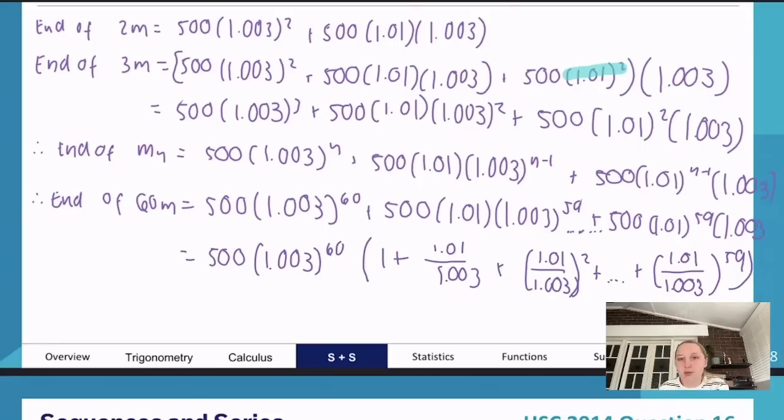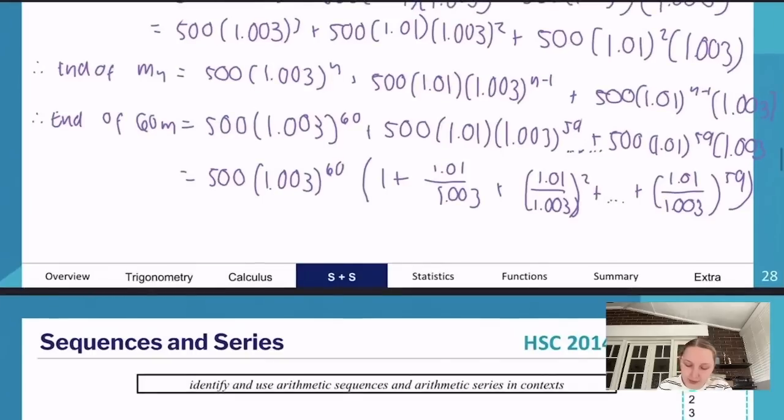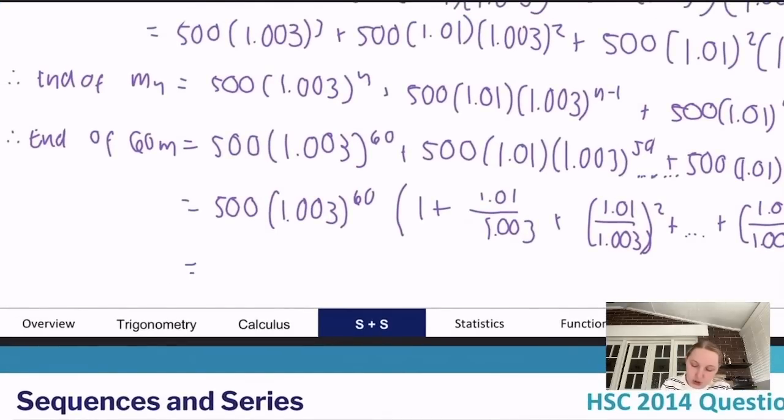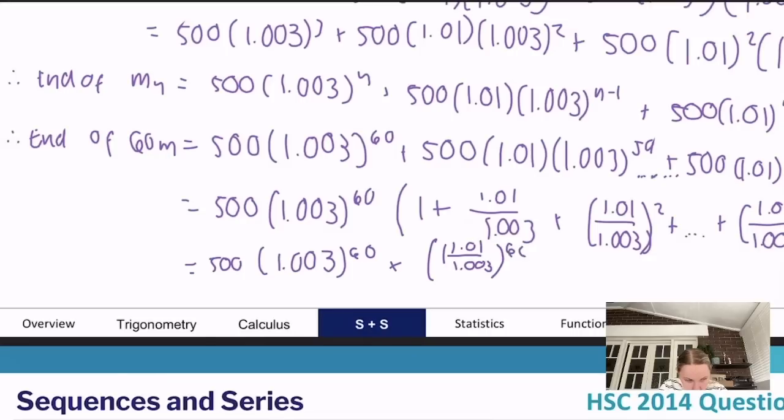Okay, then we're looking at our formula for the geometric series, and we get 500 × 1.003^60, all multiplied by, this is where it gets a little bit confusing because we've got all these fractions going on, ((1.01/1.003)^60 minus 1) all over (1.01/1.003 minus 1).